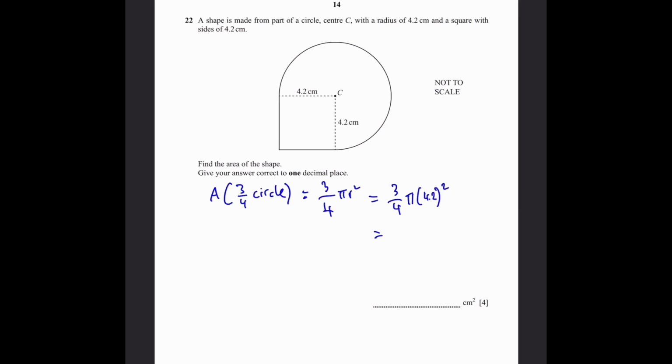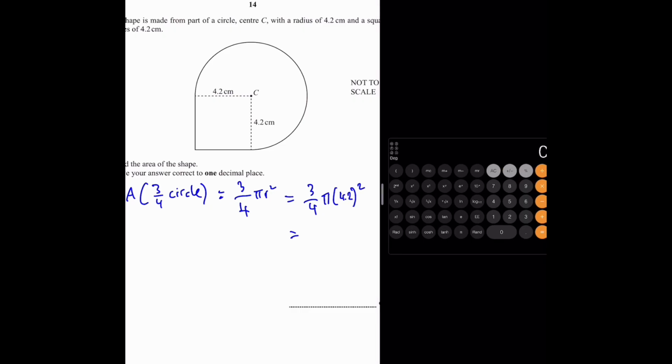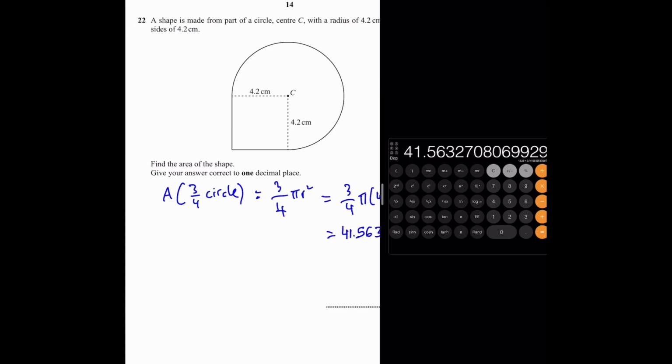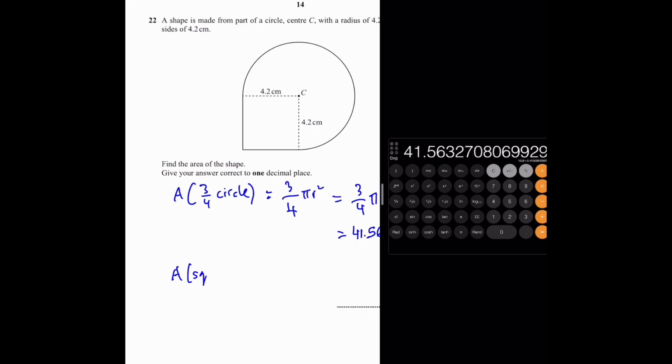Let's do this on a calculator. 3 divided by 4 into 4.2 squared. We get this. And then into pi, we get 41.563 centimeters squared. Now the area of the square is equal to side squared, which is equal to 4.2 squared here. 4.2 squared is equal to 17.64 centimeters squared.